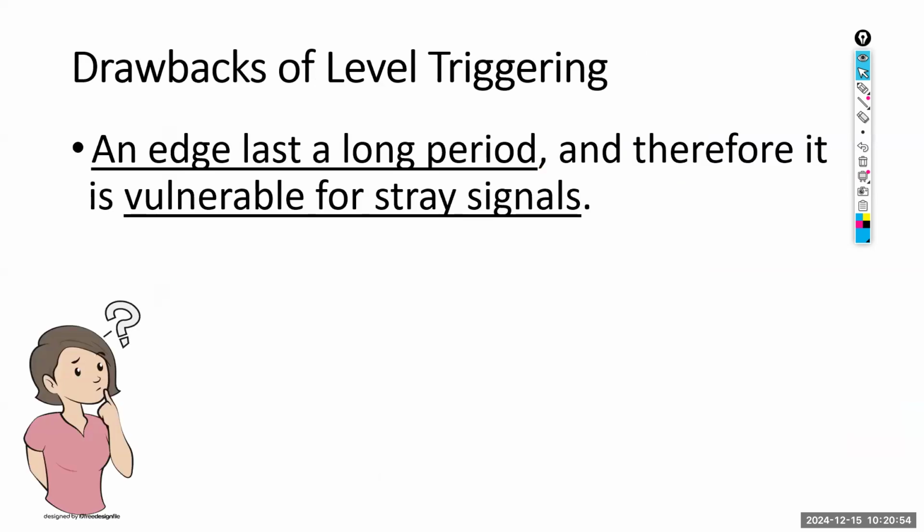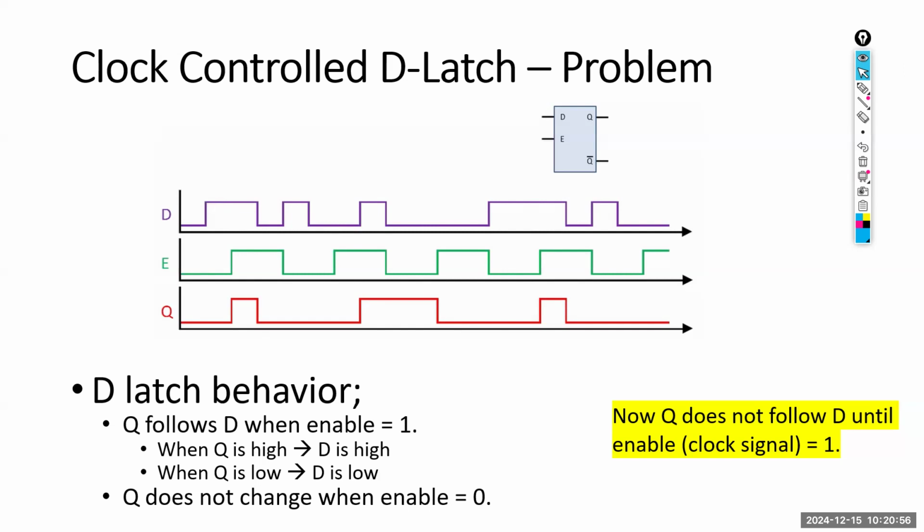Right. So this has a problem, right? What is the problem? When this is low, it doesn't respond to the stray signals. But sometimes during high level, if there's a stray signal, actually these are 3 stray signals. If it happens during a low level, that is okay.